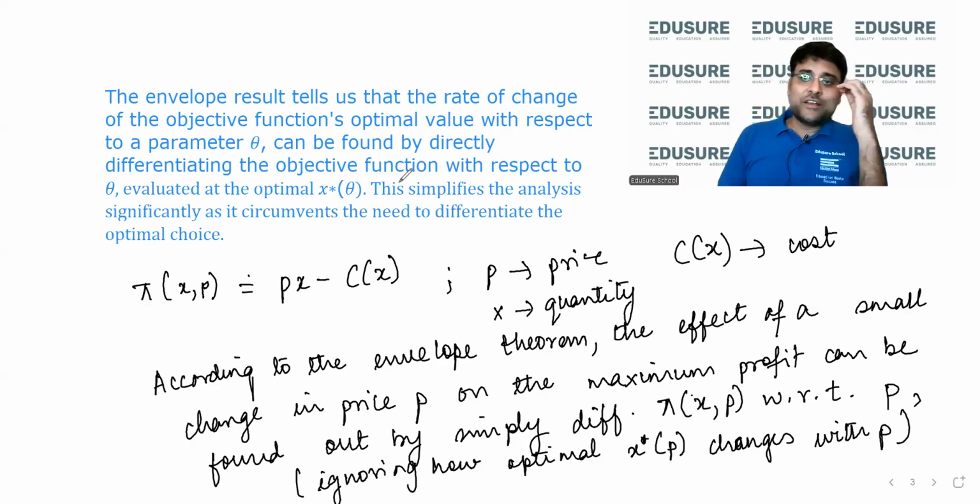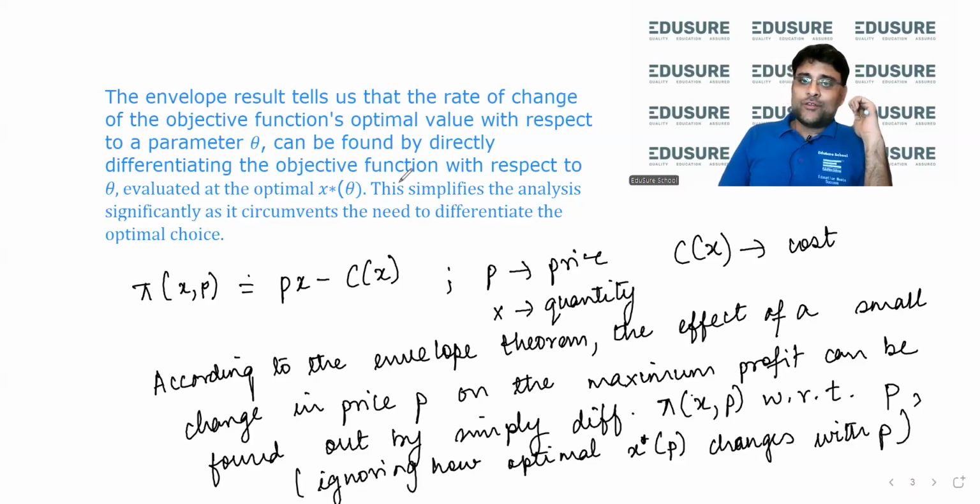Whenever we do comparative statics, its power lies in simplifying a complex problem into a very simple problem. It allows economists to focus on direct parameter effects rather than the indirect effect of the parameter on the optimal x. So I only have to think about the direct effect of the parameter.